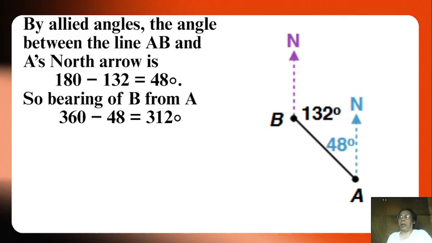So therefore, the bearing of B from A is 360 minus 48, which is equal to 312 degrees. Note that our bearing starts from a north line up to the line AB, which is 312 degrees.